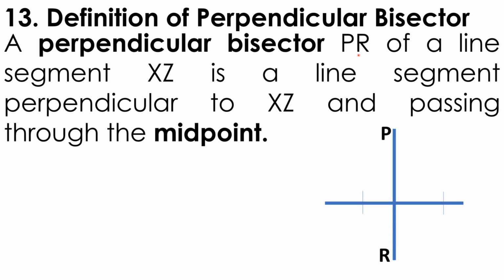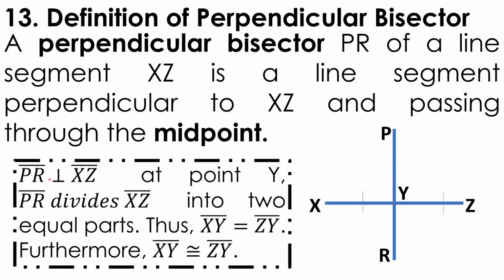So this is our segment PR and segment XZ, and the point of intersection is point Y. Segment PR is perpendicular to segment XZ at point Y. Segment PR divides segment XZ into two equal parts. Thus, segment XY is equal to segment ZY. Furthermore, segment XY is congruent to segment ZY.